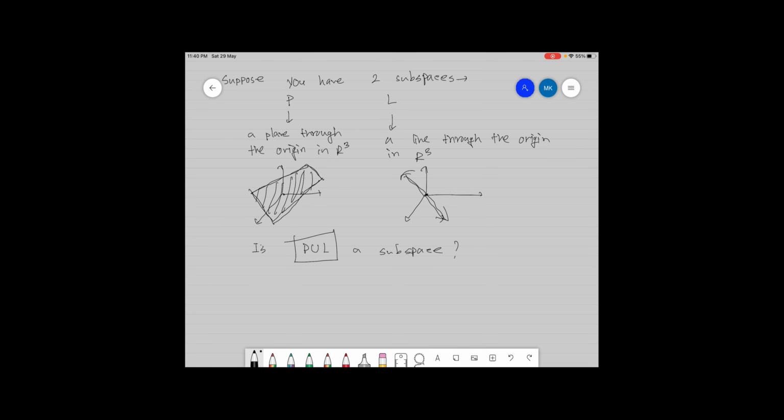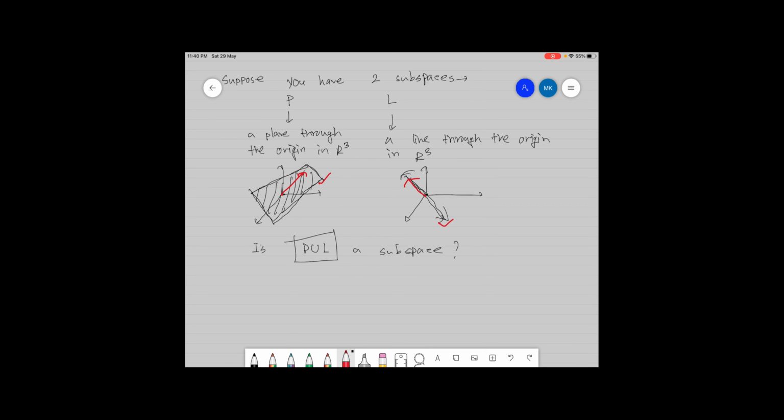So the answer is no, because if I take one vector from this straight line and one vector from this plane, and I add those two vectors, it is very likely that their addition will not be inside this plane or in this straight line.